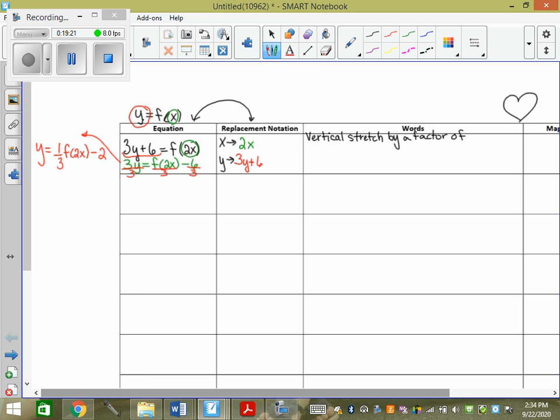Vertical stretch by a factor of what? If we have it in y equals, do we flip or change any of the y's? No, they're accurate. My x's are the flippy stuff. So 1/3, it's vertical, so it's about the x-axis.